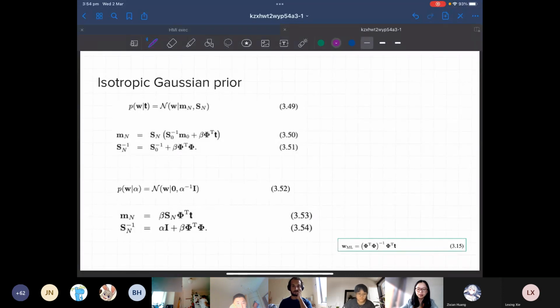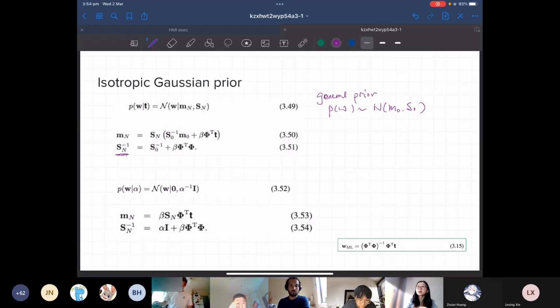This is the general prior, on top is P of W, something like a normal with mean and S0.